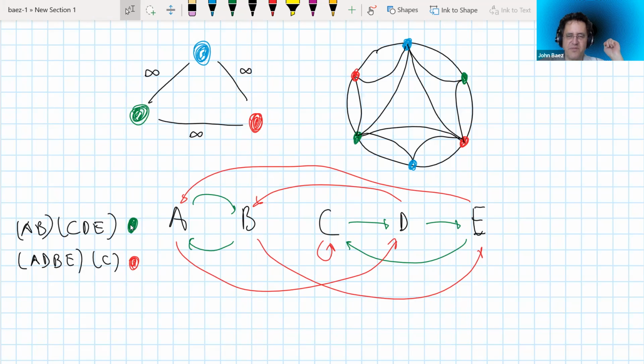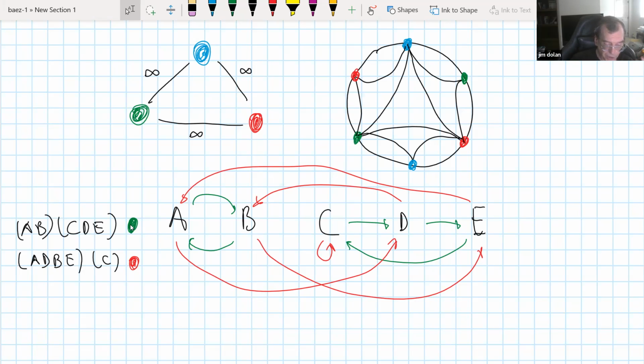There would be 5 of those fundamental regions, and then you figure out how they're stuck together.